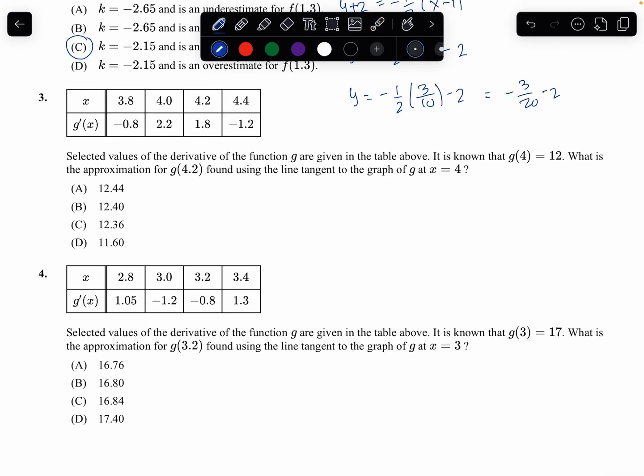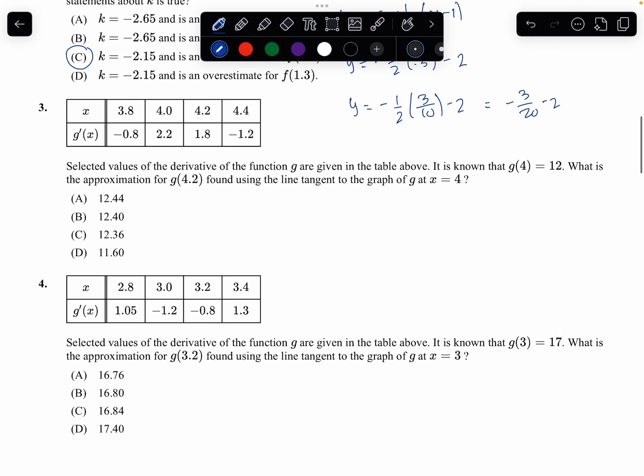Okay, for 3, we have a table, and we're making a tangent line. So y minus 12 is going to be equal to, at x equals 4, g prime is 2.2, so 2.2 times (x minus 4).